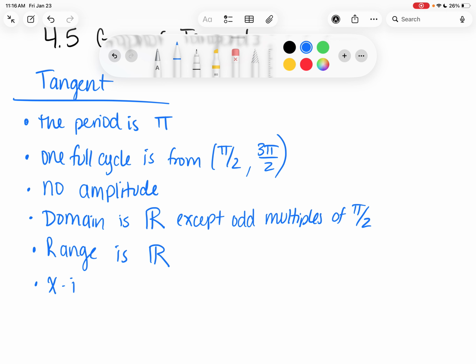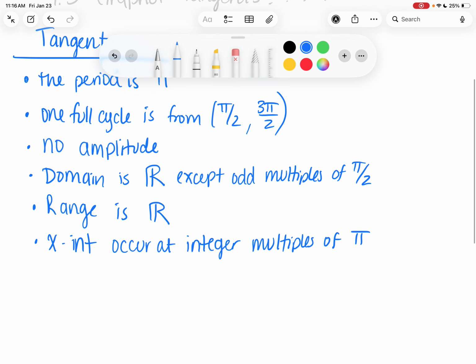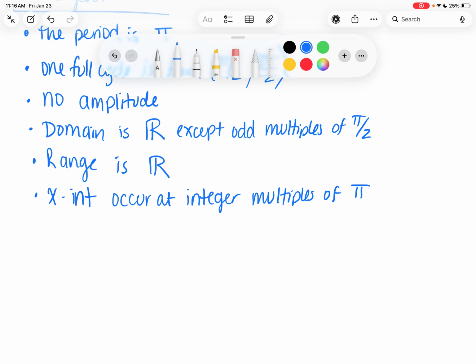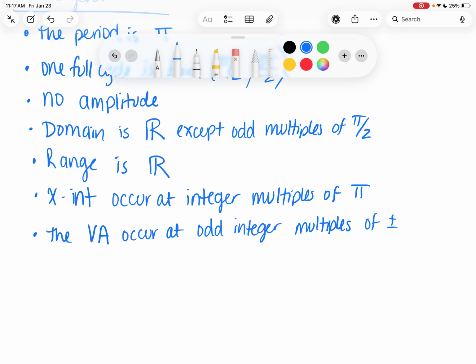The x-intercepts, so where it crosses the x-axis, occur at integer multiples of pi. The vertical asymptotes occur at odd integer multiples of plus or minus pi over 2.